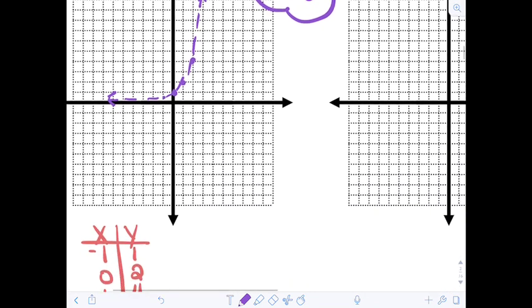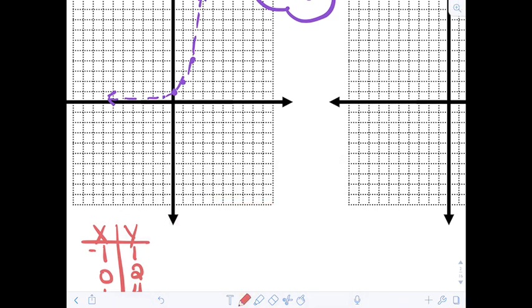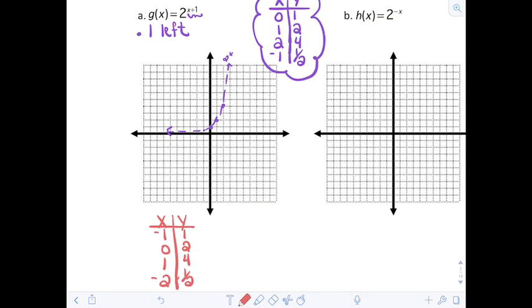And now if we transform this by moving it 1 to the left, I have negative 1, 1. I have 0, 2, 1, 4, and negative 2, 1/2. So this is the function that we now have, just moves 1 to the left.